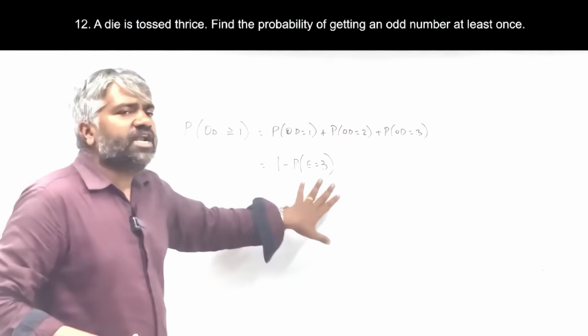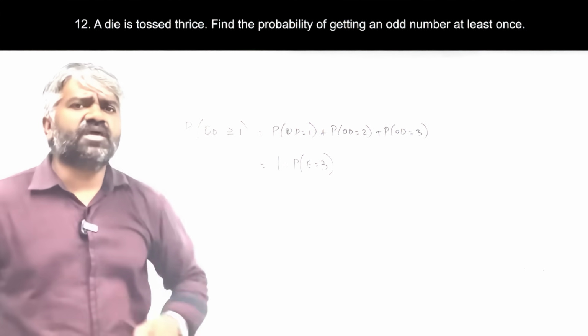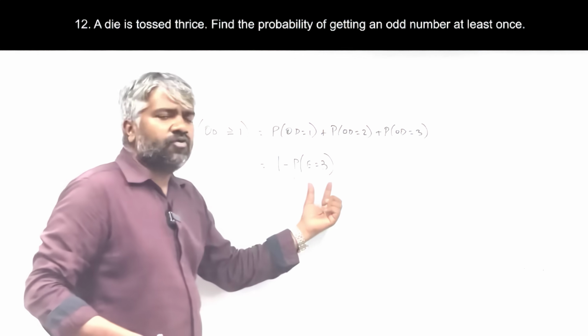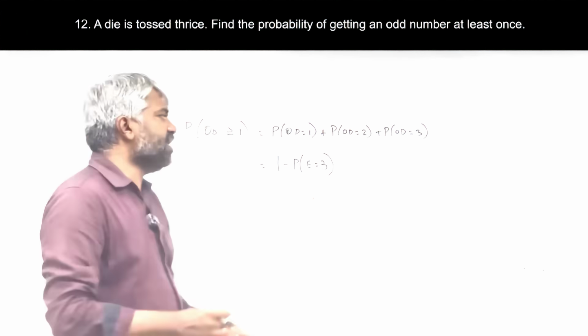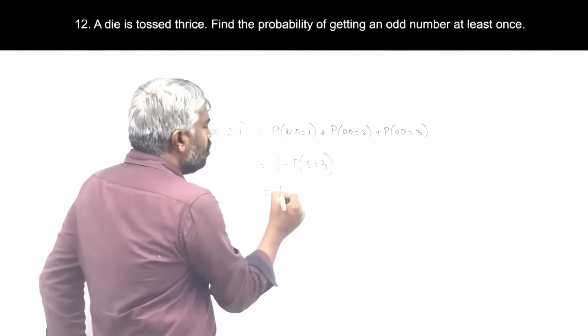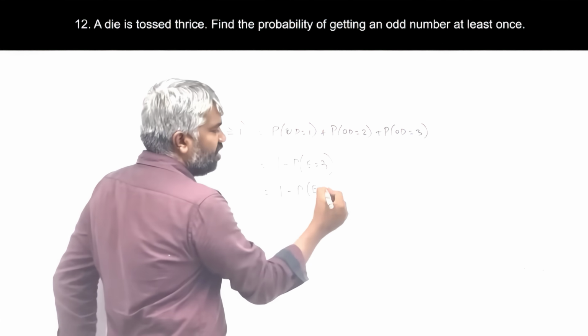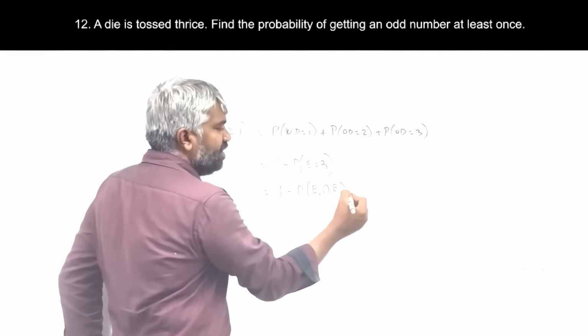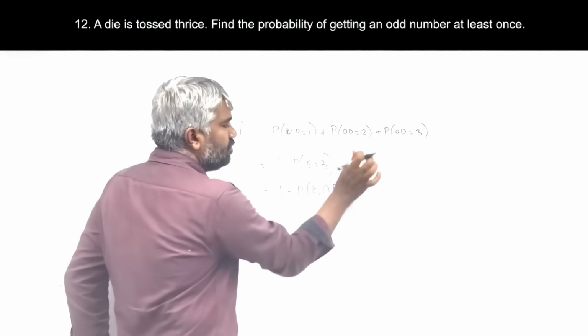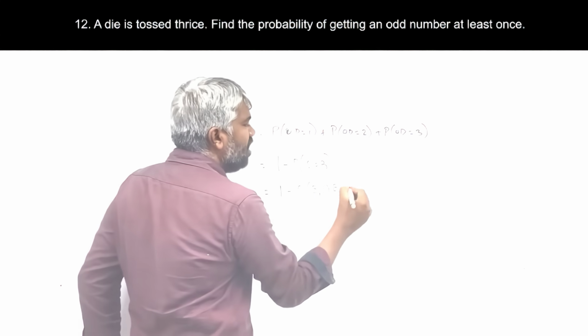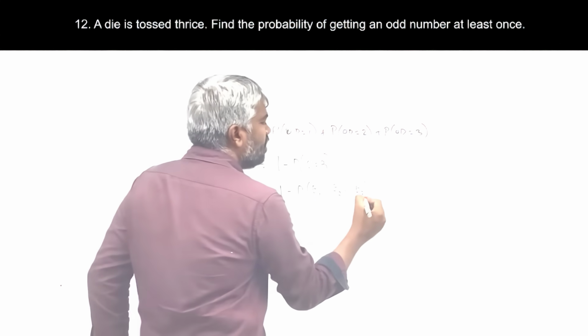That is, you won't get any odd number, all the 3 numbers will be even. So if you find this value, from total probability subtract this value, right? So 1 minus P of first should be even, second also should be even, and third also has to be even number, right?